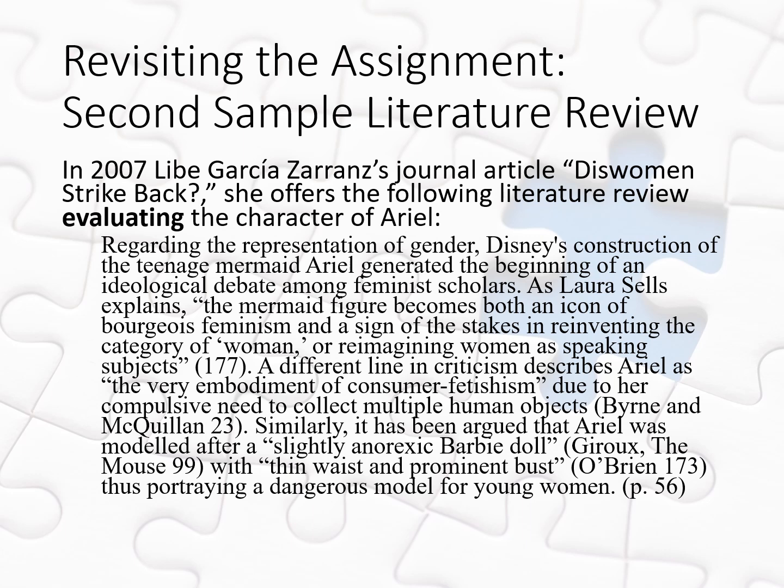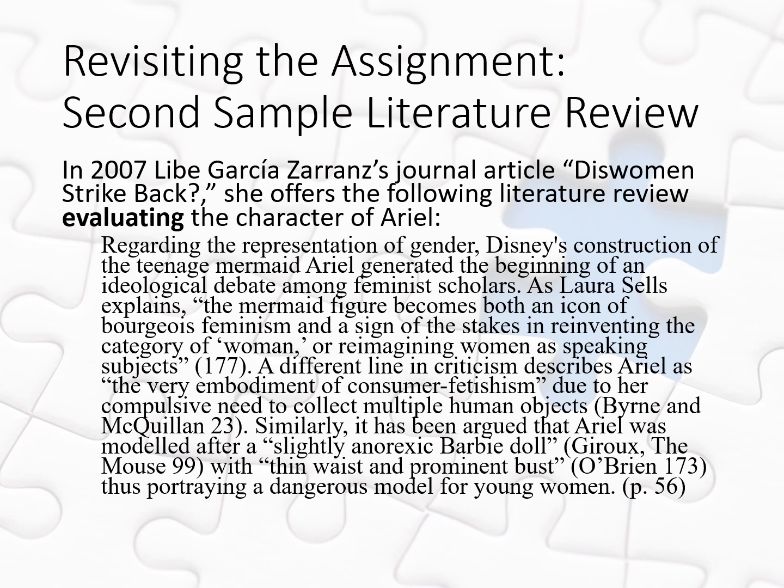As Laura Sells, that name sounds familiar, right? As Laura Sells explains, the mermaid figure became both an icon of bourgeois feminism and a sign of the stakes in reinventing the category of woman or reimagining women as speaking subjects. A different line in criticism describes Ariel as the very embodiment of consumer fetishism due to her compulsive need to collect multiple human objects. Similarly, it has been argued that Ariel was modeled after a slightly anorexic Barbie doll that, with thin waist and prominent bust, thus portrays a dangerous model for young women.